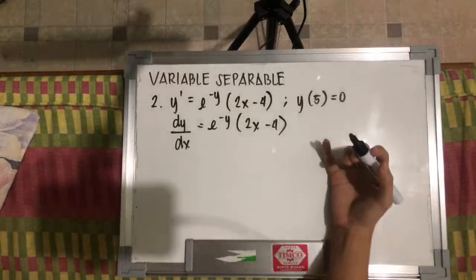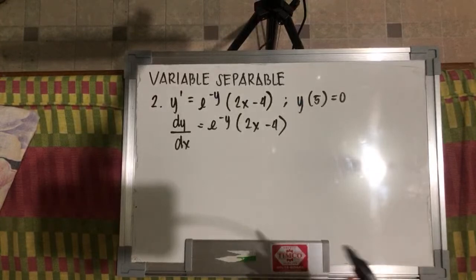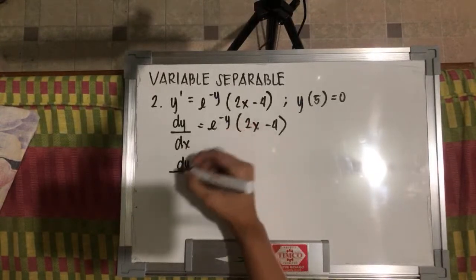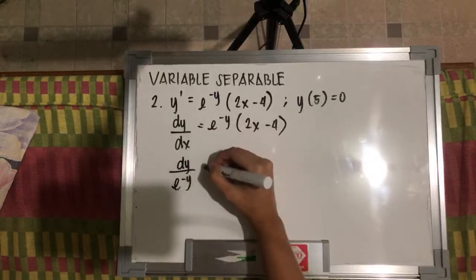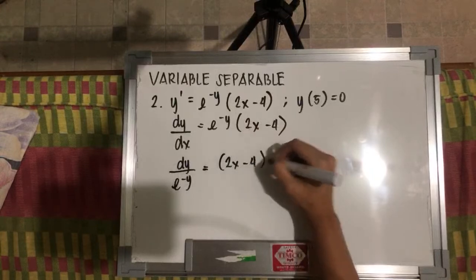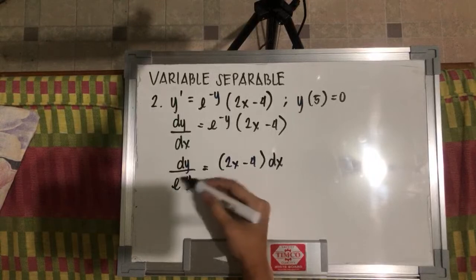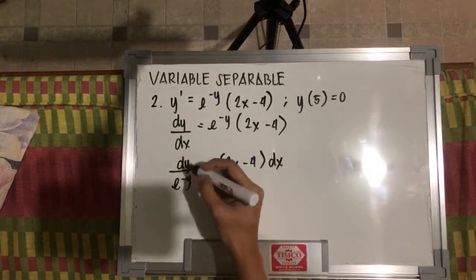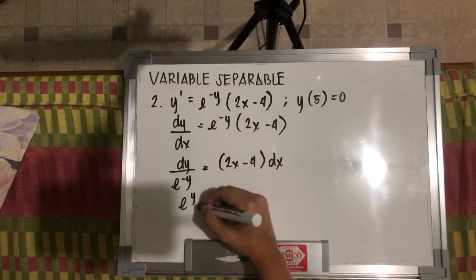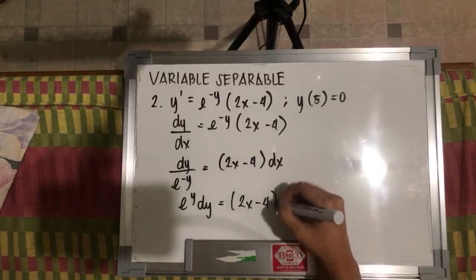So, cross multiply para mapag-separate natin yung variables ni y at yung variables na x. So, magiging dy, bababa ko to, e raised to negative y is equal to 2x minus 4 dx. So, pwede pa natin tong isimplify, di ba? Naka-negative siya. So, ibig sabihin, kailangan lang natin siyang itaas. So, magiging e raised to y dy is equal to 2x minus 4 dx.